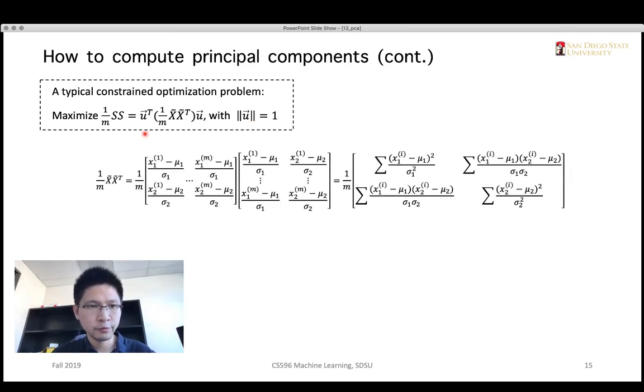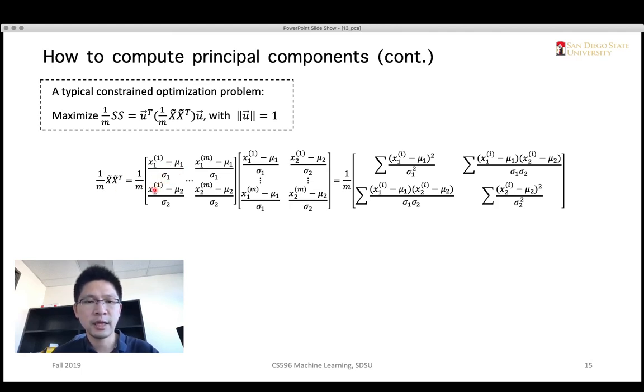If we rewrite the matrix x tilde with the original data, remember the original data is not x tilde but x. We get x tilde by first subtracting the mean value of each feature, so x1 has the mean of the first feature subtracted and is divided by the standard deviation of the first feature.